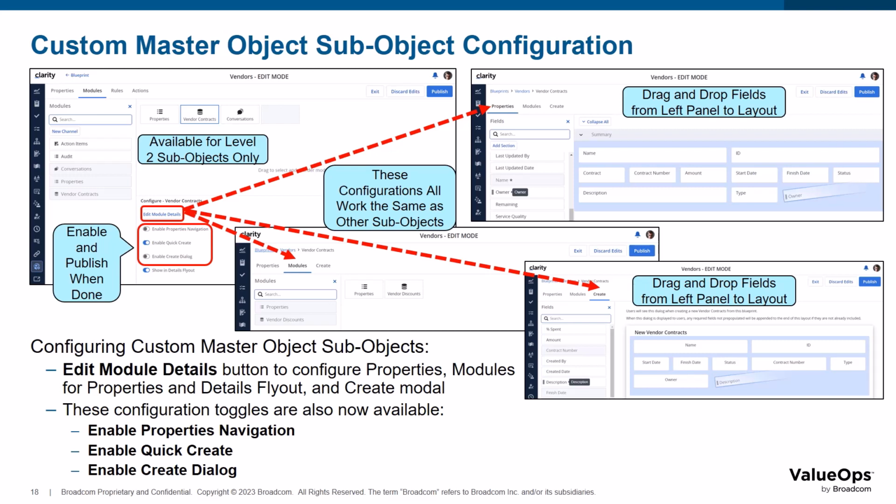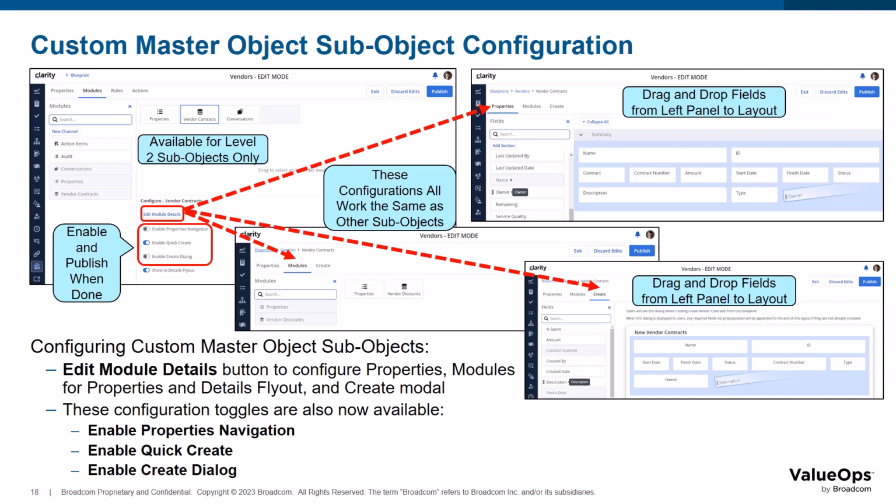There will be an Edit Module Details button where you can configure a property screen, the modules that you want to display in the Details flyout or in the property screen, and a Create modal that you can configure for users. These capabilities will be available for all Level 2 subobjects on custom master objects.